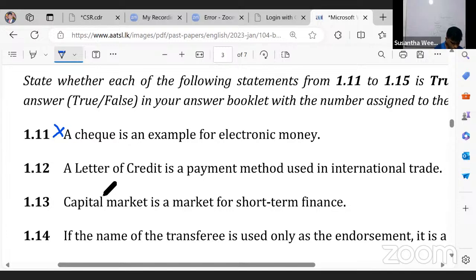Now these two business parties are far away, and sometimes they don't know each other. Now the seller fears selling without getting money. The buyer fears paying without receiving goods. Why? They don't have much mutual understanding since they are not in the same country.